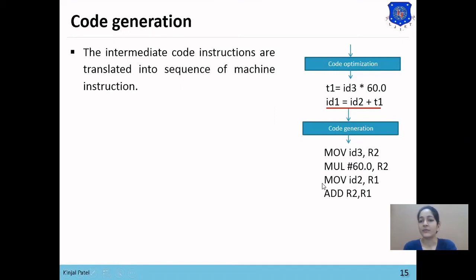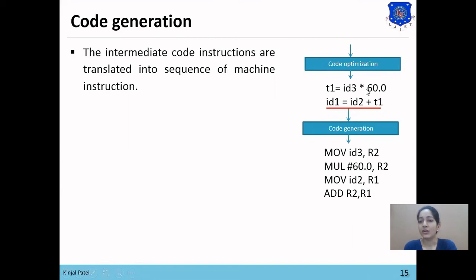So now add R2 to R1. R2 means ID3 multiplied with 60 and R1 means ID2. So the result will be stored in R1 only. So R1 has the whole expression, which is ID2 plus ID3 multiplied with 60.